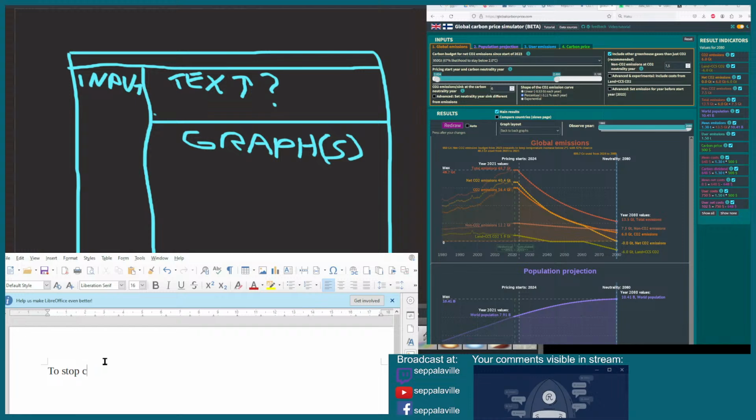To stop climate change, at below x degrees of warming at x% likelihood.